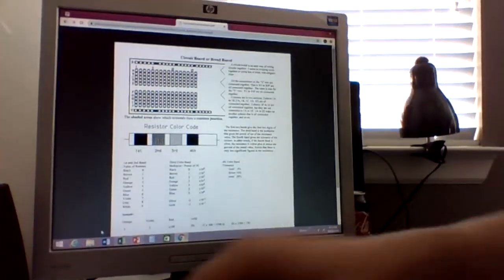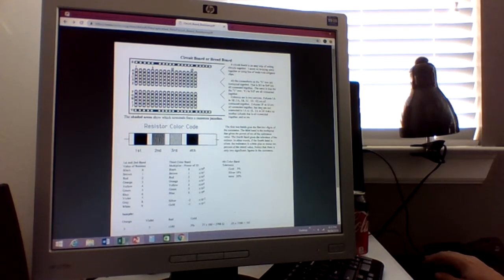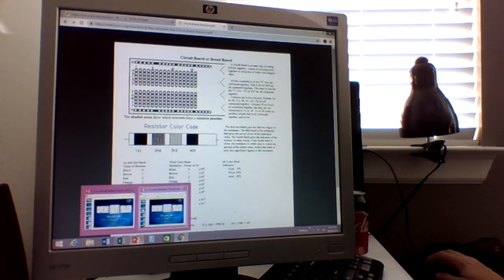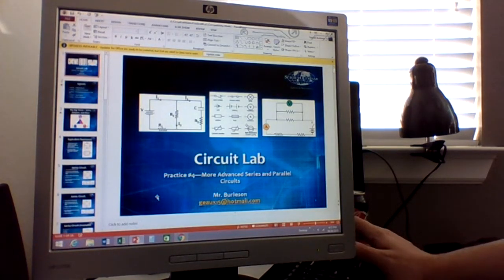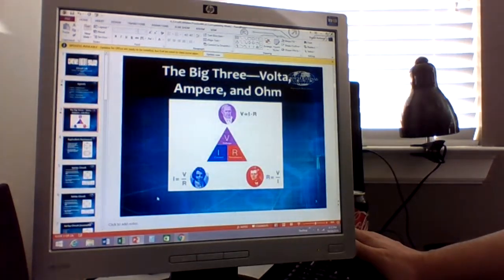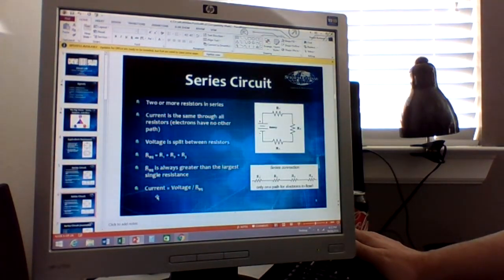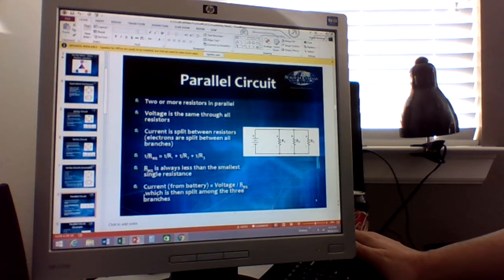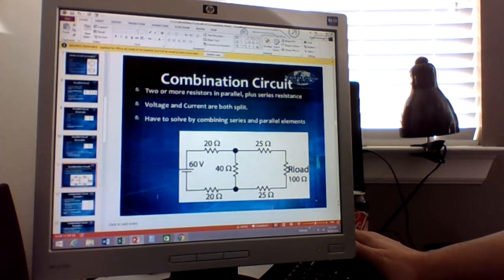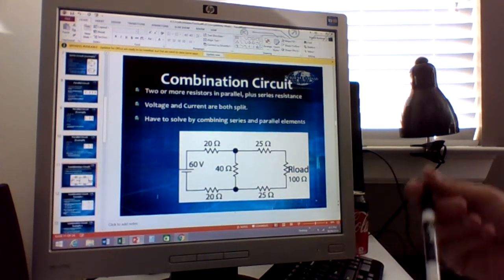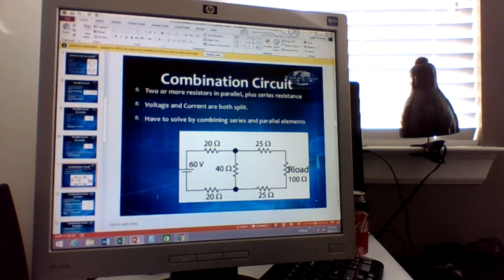So if I come over here, and I'm going to go back to what we had before. If I look at this practice problem, this was the one that we just did. In this particular case, you always look and see what can be easily combined.